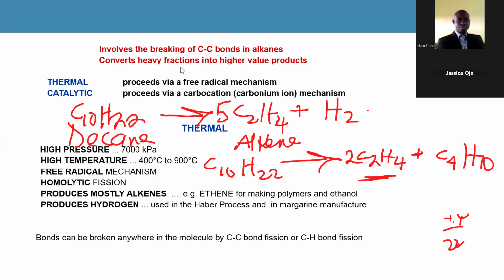So we have 6 remaining, so we have C6H14. Is that correct? C10H22, so 2 times 4 is 8 plus 14, that will be 22. So C6H14. Okay, so that is about that.